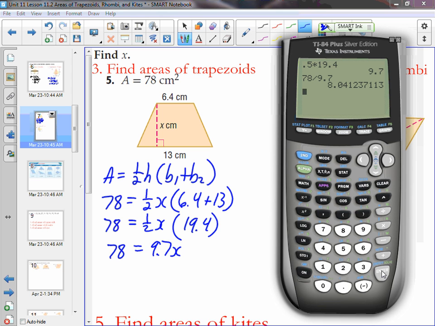All right, did they tell us where to round? They don't. Let's go hundredths, just for fun. So 8.04, ooh, I need to put a unit on there. Square centimeters? Just centimeters, because it was a linear measure. It's the height. Equals x.